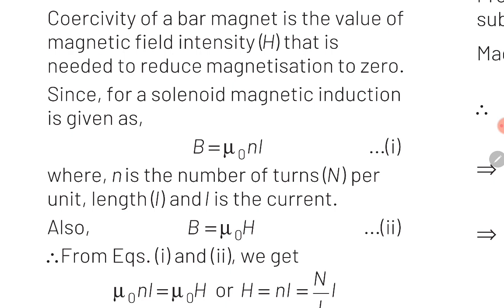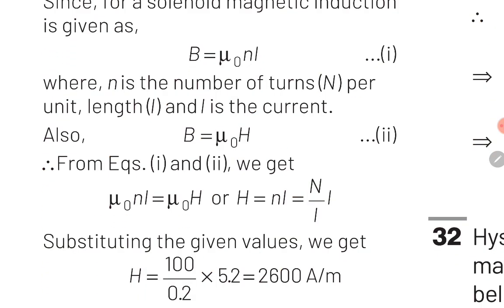Now guys, we'll substitute B equal to mu naught H because we need to find the value of H, which is magnetic field intensity or coercivity. So by doing simple substitution, mu naught Ni will become equal to mu naught H. Mu naught will cancel on both sides and we'll obtain the value of H equal to Ni.